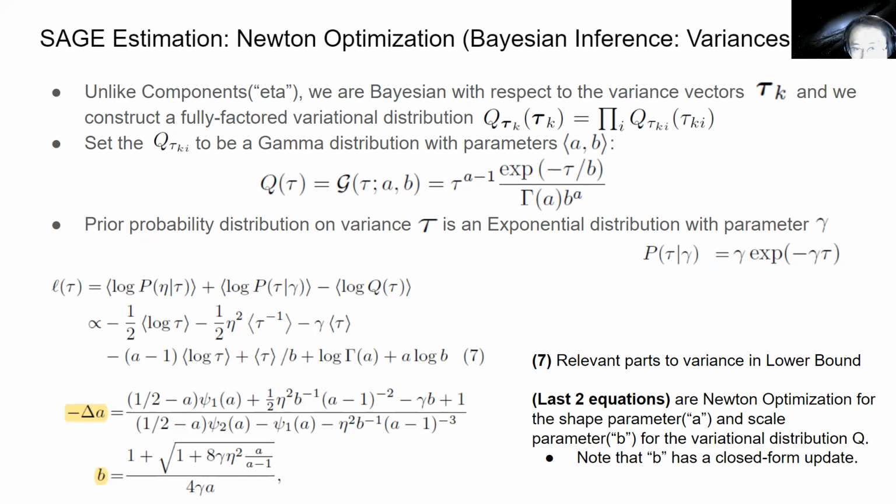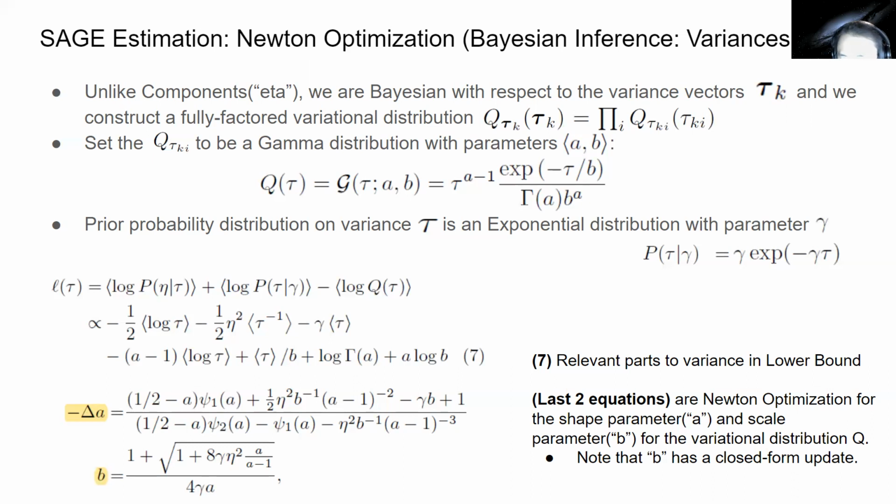For the gamma distribution parameters, the first one, the shape parameter, is alpha here. As you can see, we are also getting the update of that alpha, which is constructed from the first and second derivatives, the Hessian matrix and the gradient, right?